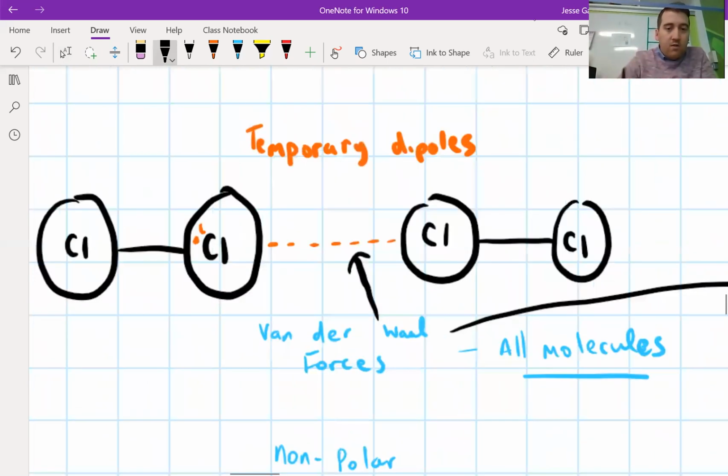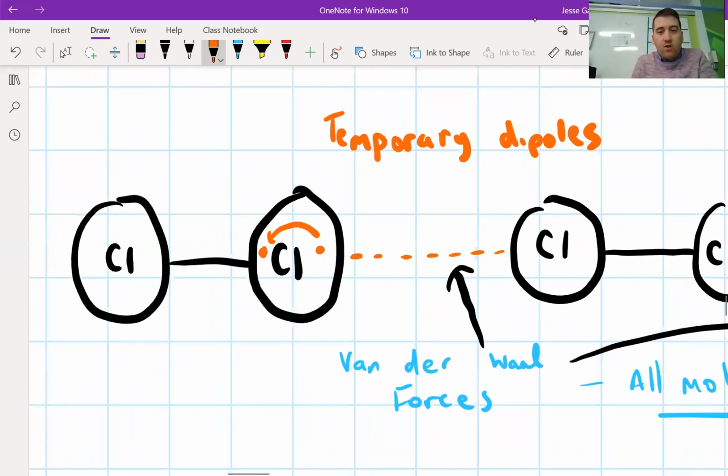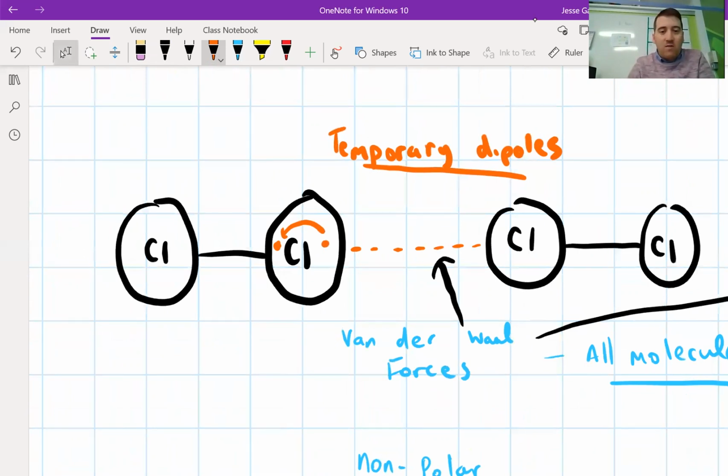What I would also do if I was you is kind of like what I did, show how electrons move around, creating temporary dipoles. So see what I've written here in orange, that there are temporary dipoles created as electrons move around. So remember, electrons have a negative charge, so whatever area they happen to be in at any particular time is going to be slightly delta negative, and in any area where they're not is going to be slightly more positive.